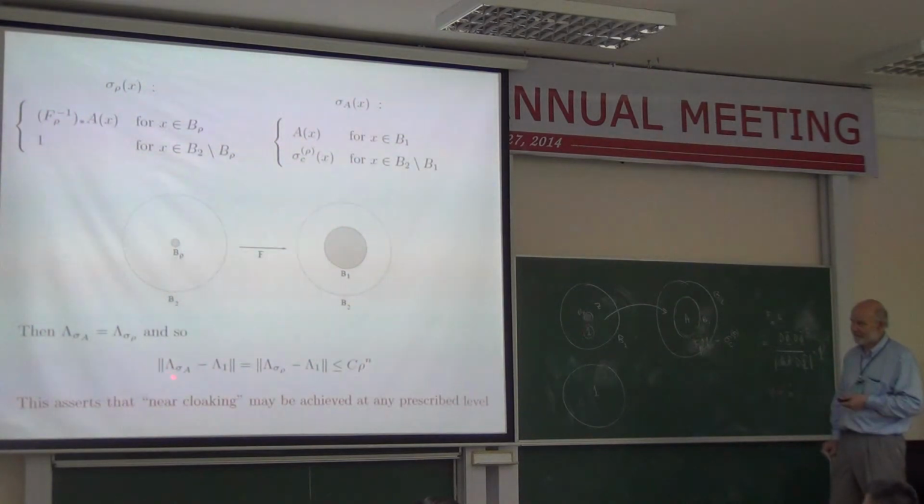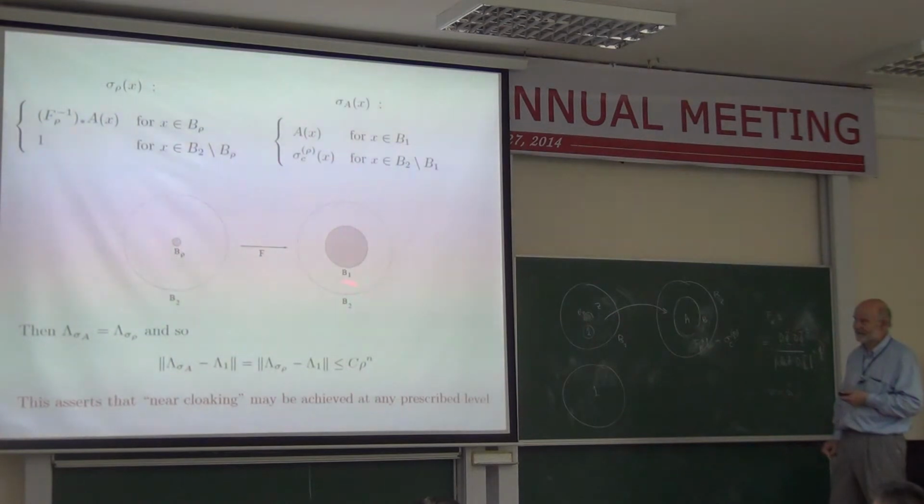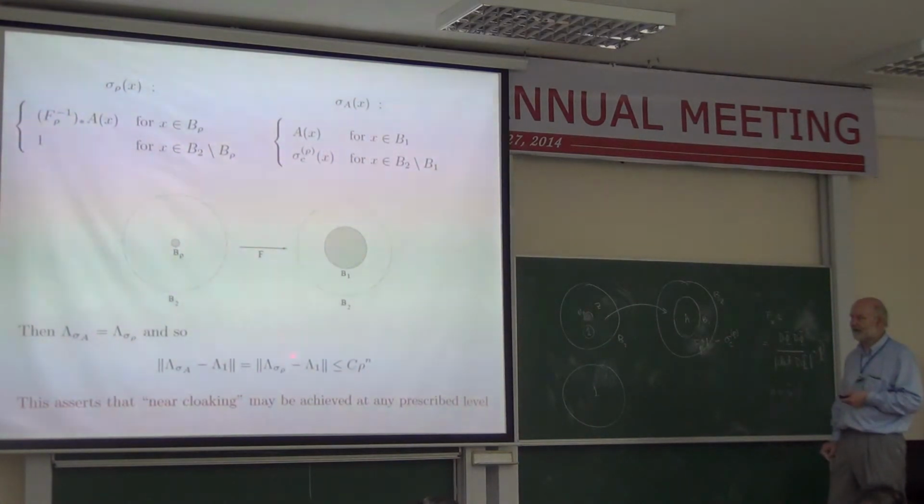Because the Dirichlet-Neumann map of this is equal to the Dirichlet-Neumann data map of that. That's just saying this and this have the same response. But what I really have to find out is how far is the Dirichlet-Neumann data map of this situation over here from the Dirichlet-Neumann data map of 1. Meaning if you have a small inhomogeneity and you have no knowledge of what's inside, how far is that from not having an inhomogeneity at all?